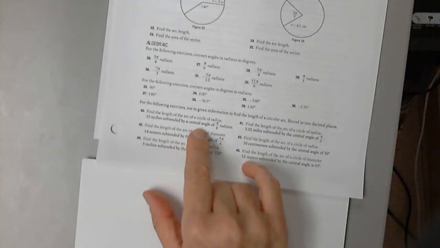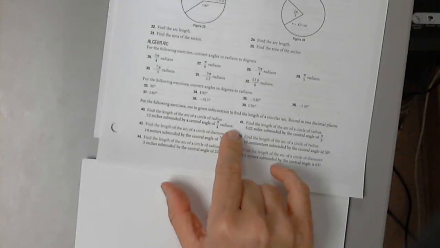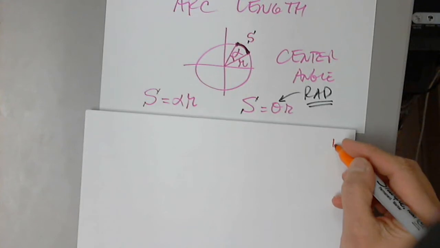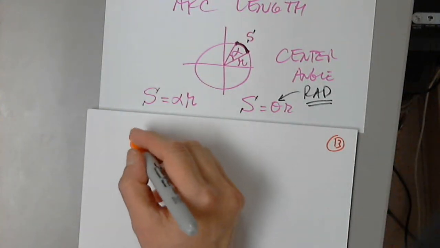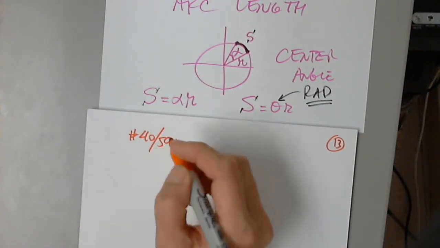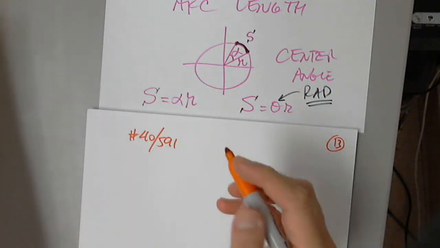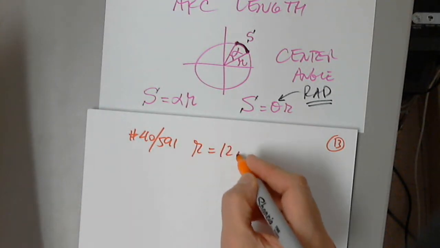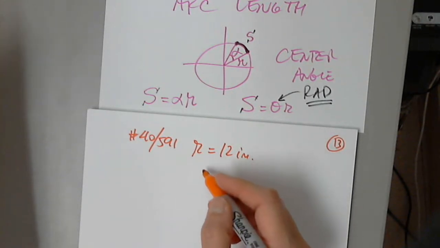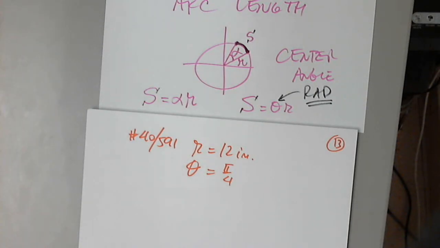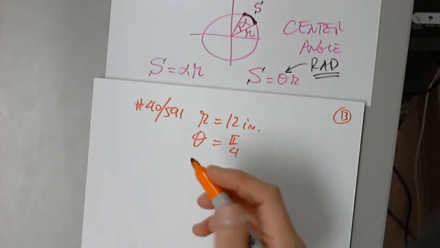Subtended by a central angle of pi over 4 radians. So let's copy the information down. This is problem 40, page 591. We have the radius equals 12 inches, and the angle, theta or alpha, whatever, it doesn't matter, pi over 4. Is it in radians? Yes.